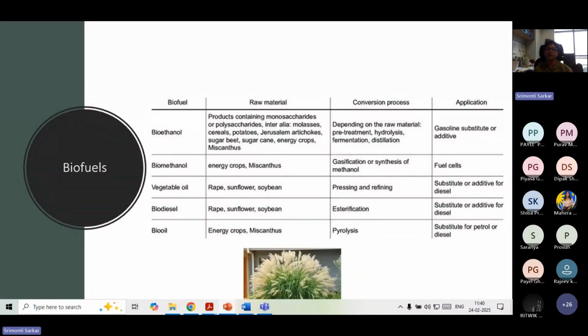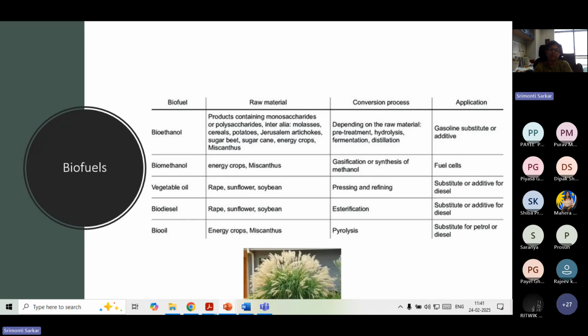It could involve pressing to get oil out of seeds. High oil containing seeds are pressed. So whether the oil is used for cooking medium, some oils are not safe enough for human consumption, and those are used for generating biofuels.